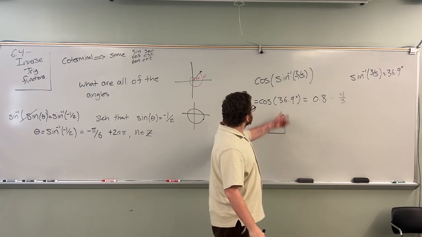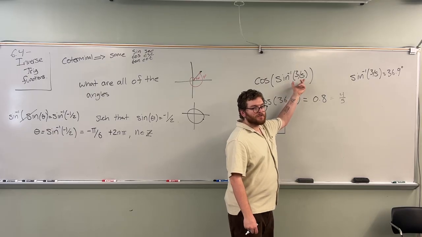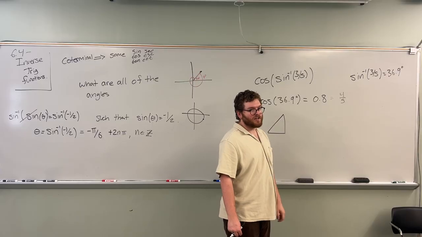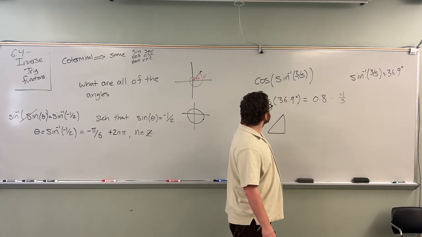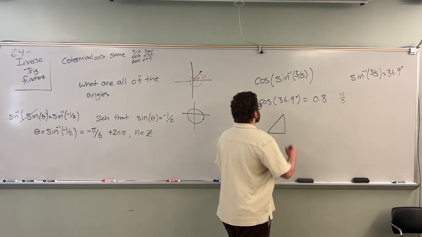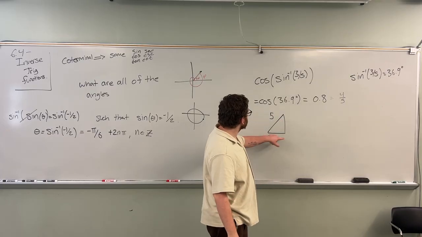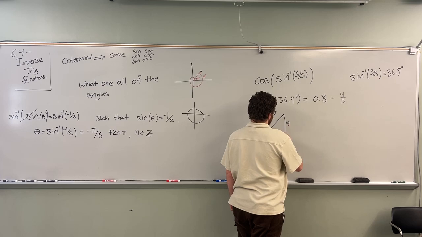We have inverse sine of 3 over 5. So inverse sine is taking in something, 3 over 5. Sine is opposite over hypotenuse. So it doesn't really matter, but it's taking in a ratio of side lengths. So this is going to be 5. Not sure what this is, but we'll find out that this is 4 and this is 3.